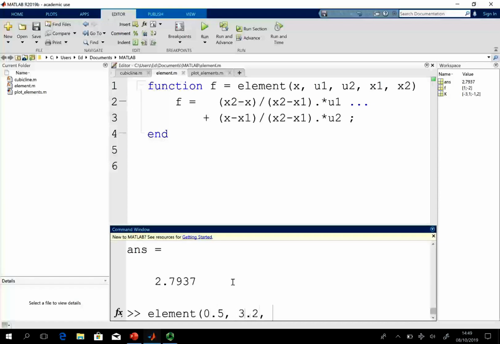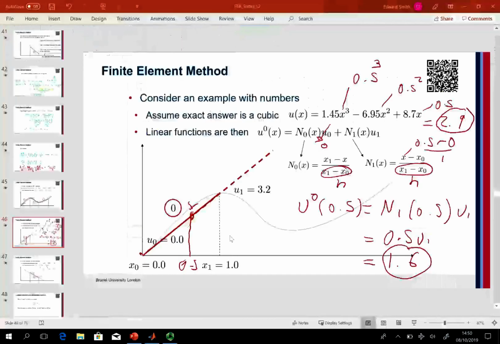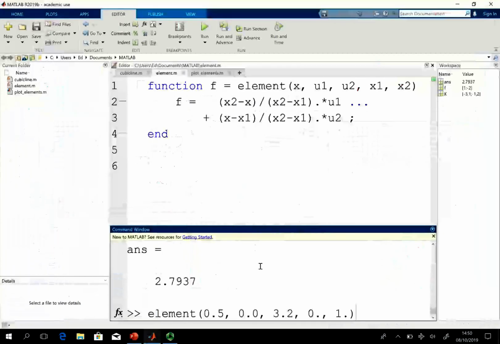U1 is 0, sorry, I was wrong earlier. U2 is 3.2. X1 is 0, and x2 is 1. So we're just putting in those values, and we get a value of 1.6.